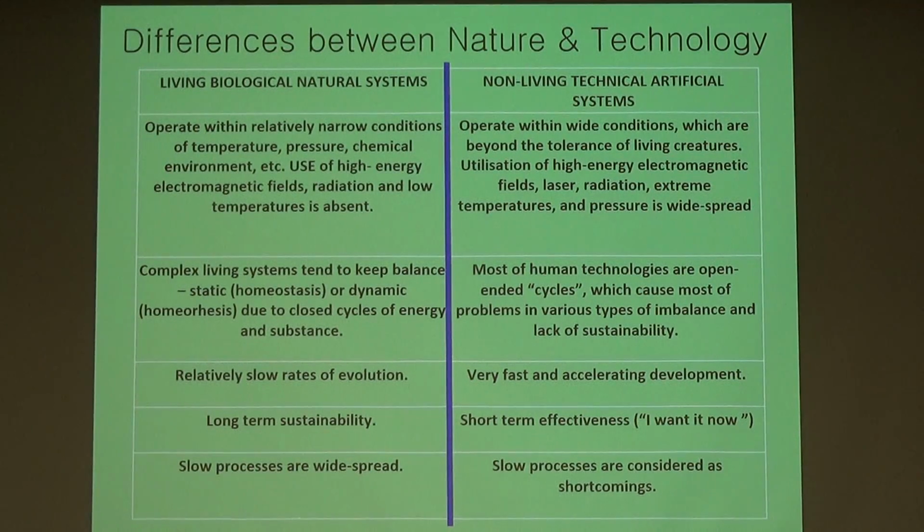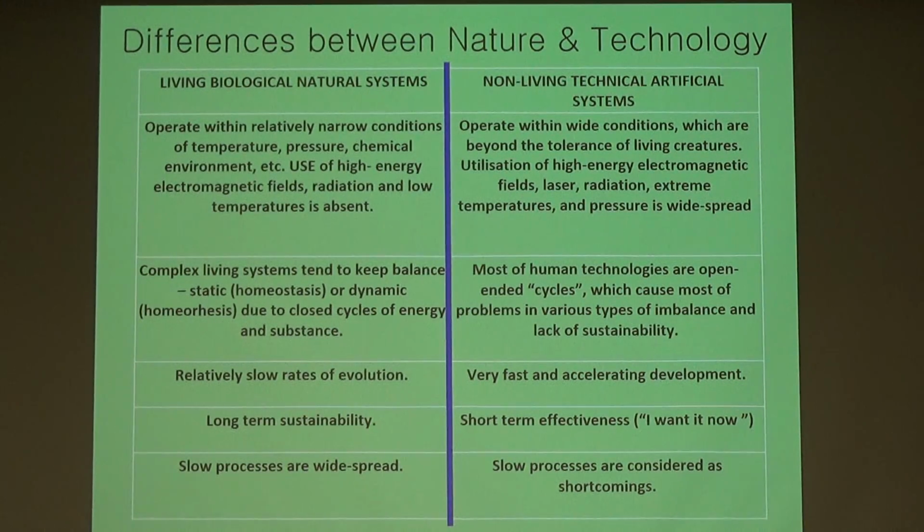So I wanted to highlight the differences between nature and technology in the way that what I call conflict resolution takes place. So trying to find an optimal solution that reduces the problems associated with solving that problem.